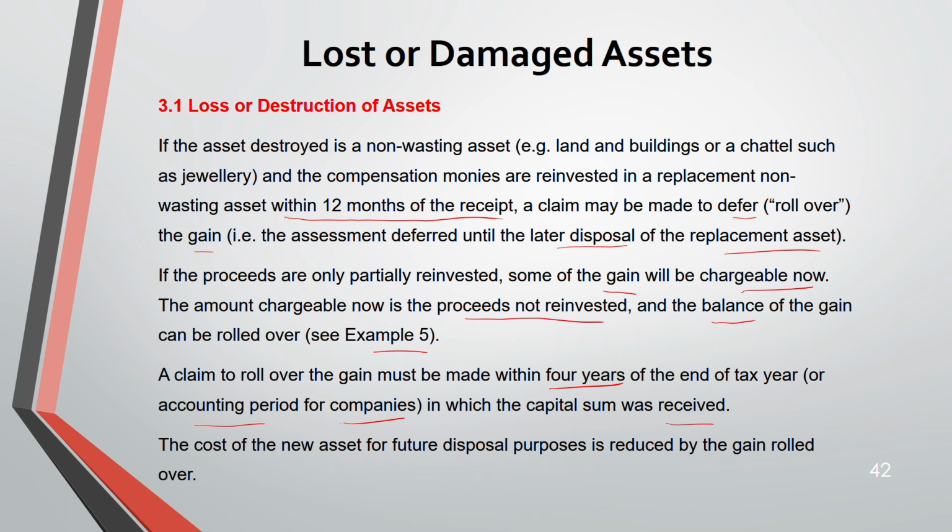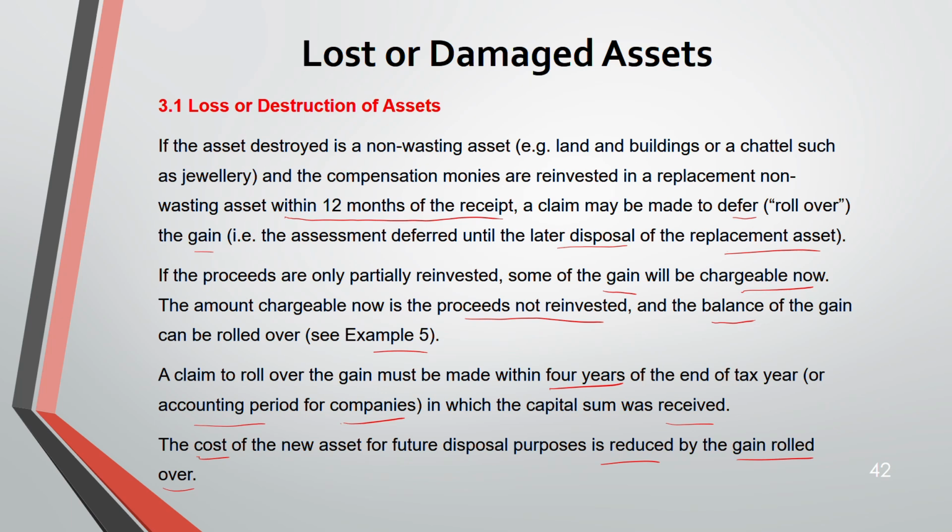The cost of the new asset for future disposal purposes is reduced by the gain rolled over. Remember, when you're buying the new asset, the replacement asset is your new asset, right? That cost will be reduced by the gain rolled over, because you are rolling over the gain. So the gain that you are rolling over, you have to deduct it from the cost of the replacement asset.